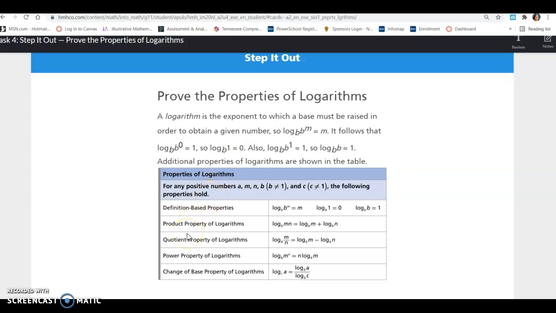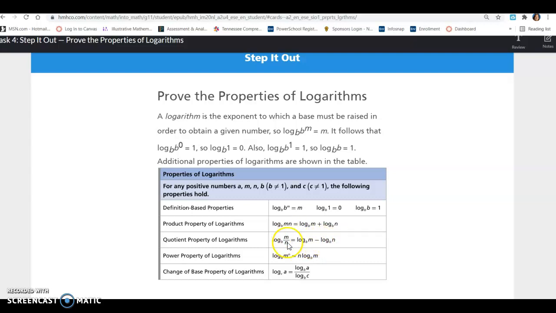All right, in one of the tasks, we looked at the product property, where you've got log base b of m times n. That can be written as log base b of m plus log base b of n. That's called the product property because you're going from multiplication to addition. Quotient means division, so quotient property, log base b of m divided by n, equals log base b of m minus log base b of n.